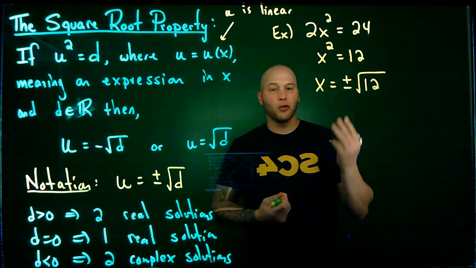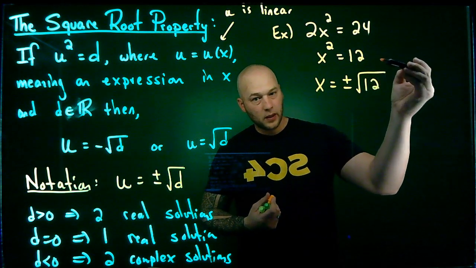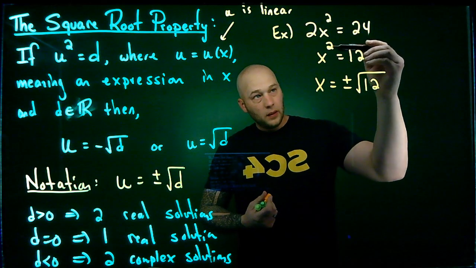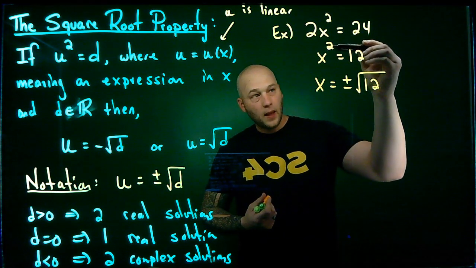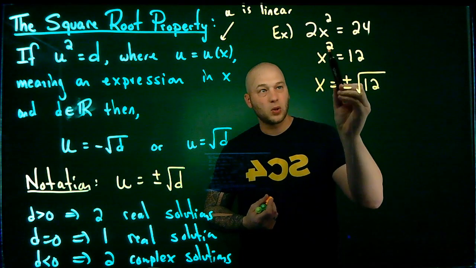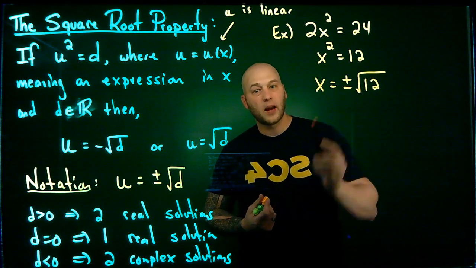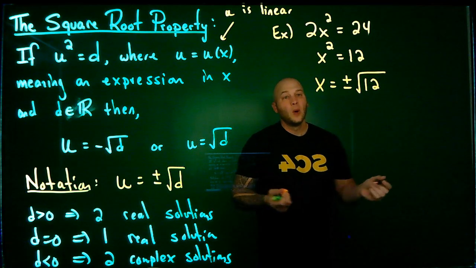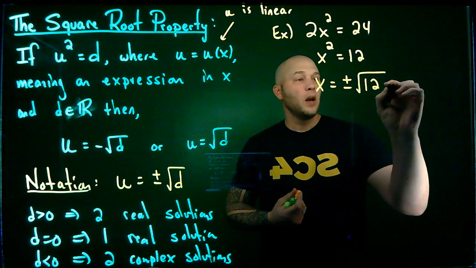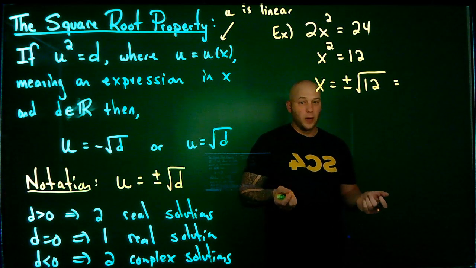Notice three things happened going from this step to this step. The square went away, I put a plus or a minus, and then I did a square root. On the other side, I put a square root over the 12, and in front of that, I put a plus or a minus. Well, 12 is not a perfect square, but notice I can actually factor 12 a couple different ways. One, I could do it as 2 and 6.